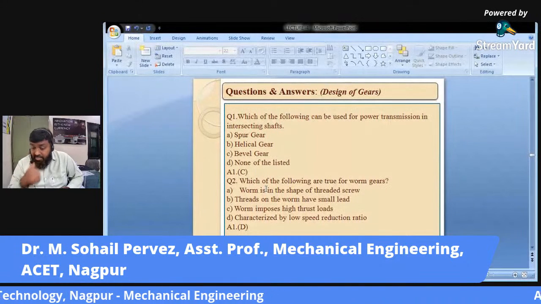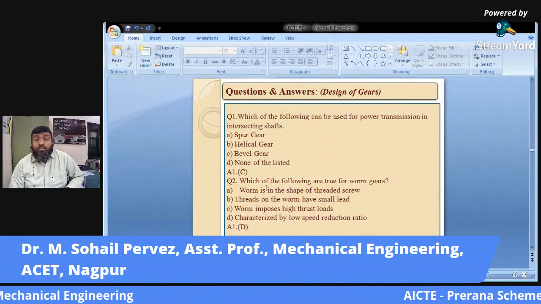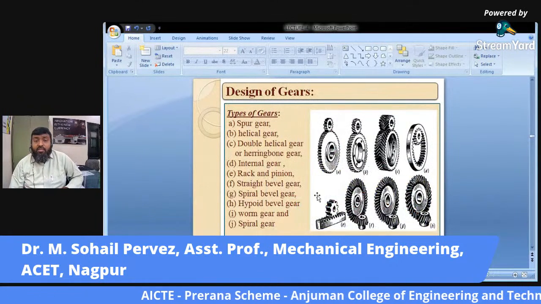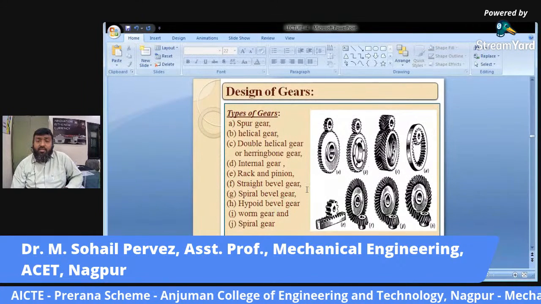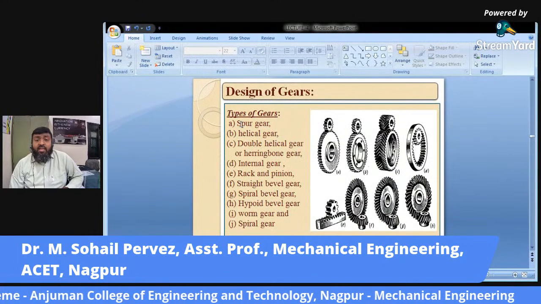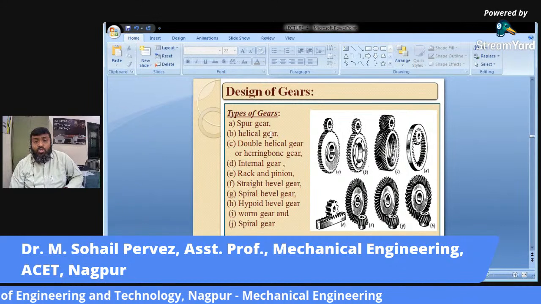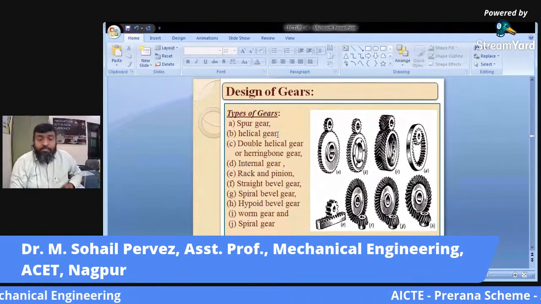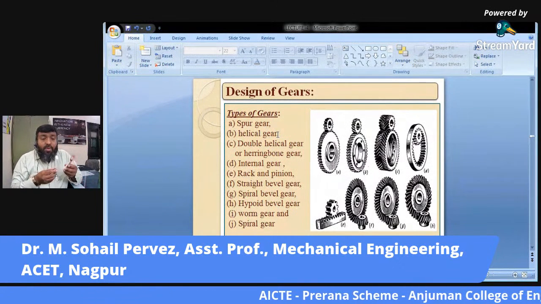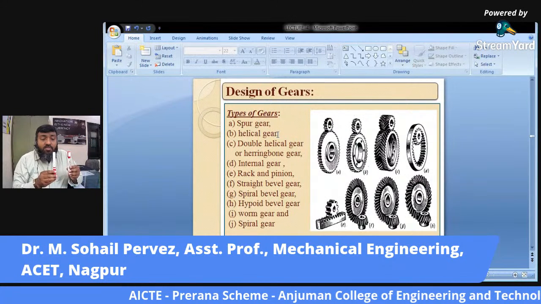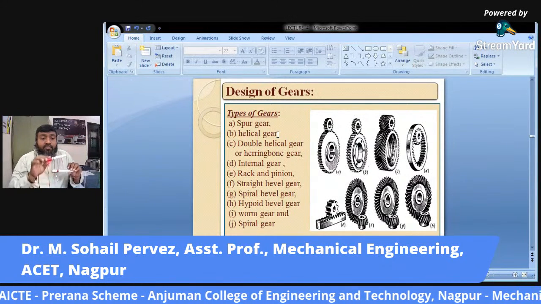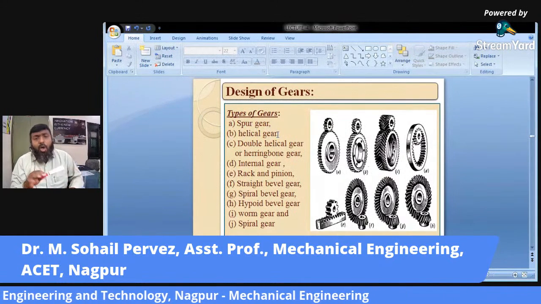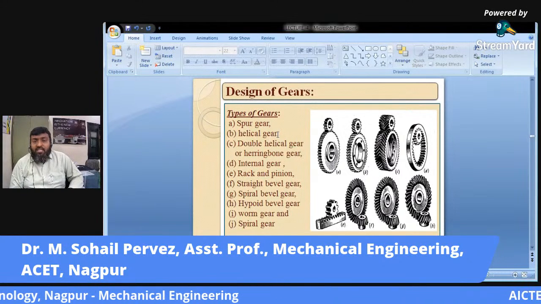So before finishing up, I am again repeating the same reason, so look at this. Spur gears and helical gears are used, please mind well, when power is to be transmitted between two parallel shafts. Then I may go for spur or helical, depending, double or single, you don't worry.